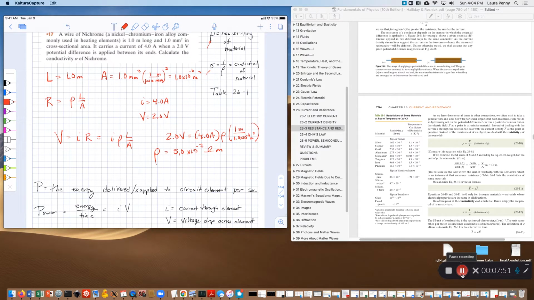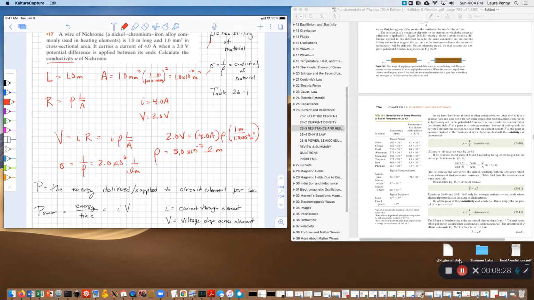But that means that the conductivity, which is actually what it wants me to find out, which is 1 over rho, is 2 times 10 to the 6, and that is in 1 over ohm meters.